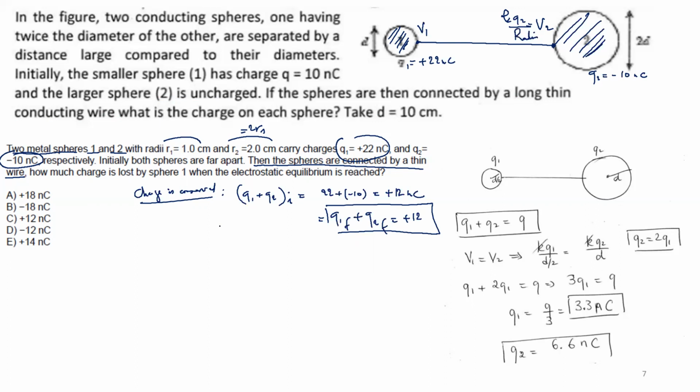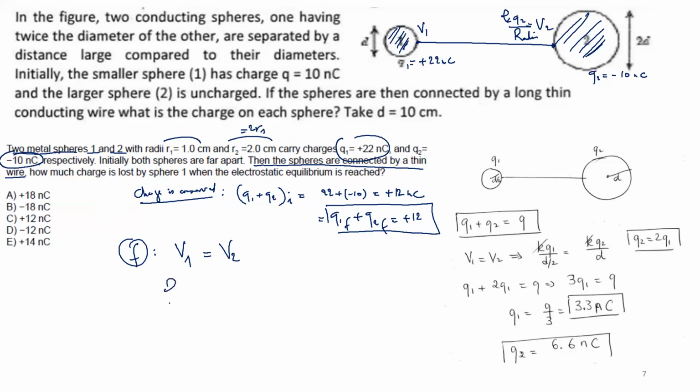So finally, I will have V1 final equal to V2 final. They should be at the same potential, such that now there is no differential of potentials. Now the charge will not be moving anymore.